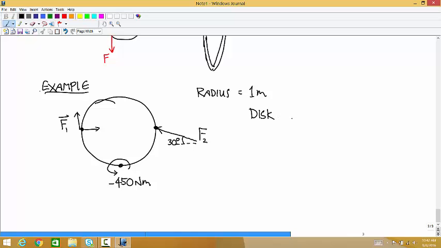And let's say that the disk is in equilibrium. And we want to calculate what are F1 and F2.